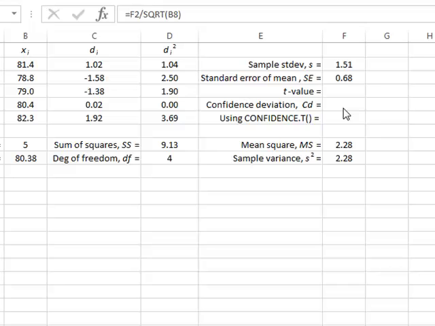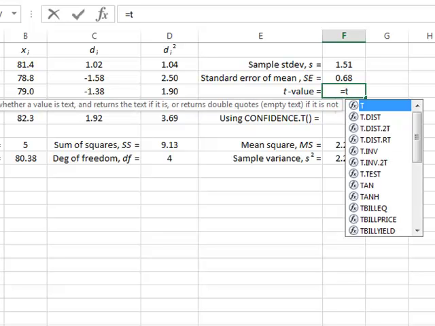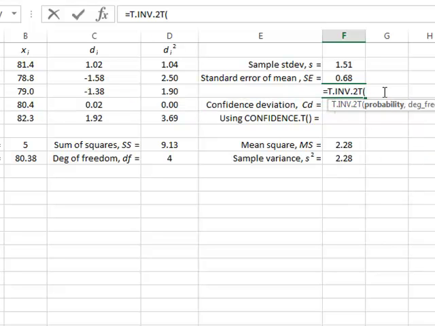We can now derive something called the confidence deviation, which again is a measure of the uncertainty in our estimation of the population mean, but defining the error as a 95% error range. But before we do that, we must derive the t-value, which is equal to t, and we will use t invert two-tailed, which gives us a two-tailed t-value.